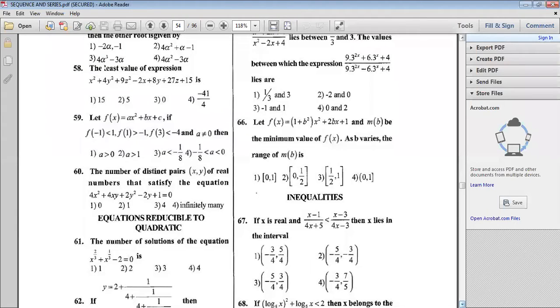The conditions given are: f of minus 1 is less than 1, this is one condition. F of 1 greater than minus 1, this is the second condition. F of 3 less than minus 4, this is the third condition. Then what is the interval for a? You have to find the interval for a from the given conditions.